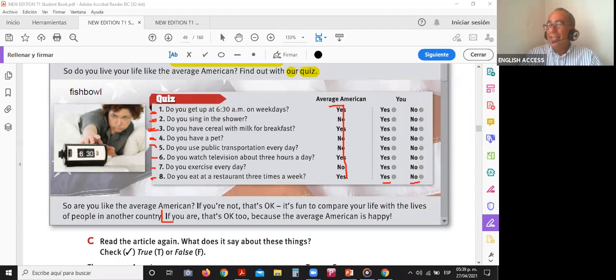And then compare your answers. If you wake up or get up at 6:30, you are like an average American. If you sing in the shower, you are like an average American. If you eat cereal, you have a pet, you use public transportation, you watch television, you exercise, you eat in restaurants, you are an average American.